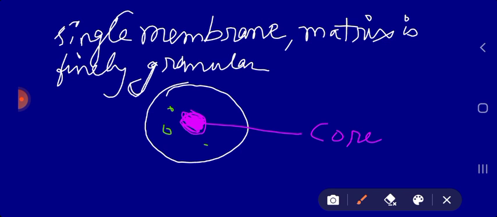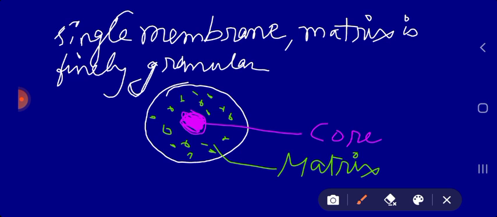Well, fine structures cannot be drawn with the help of this touch screen, but I am trying to draw it. So these are the fine granules, and this empty portion is the matrix where the granules are present, with a single membrane, right?